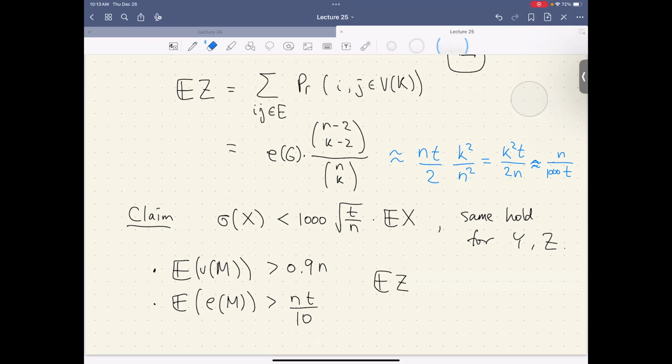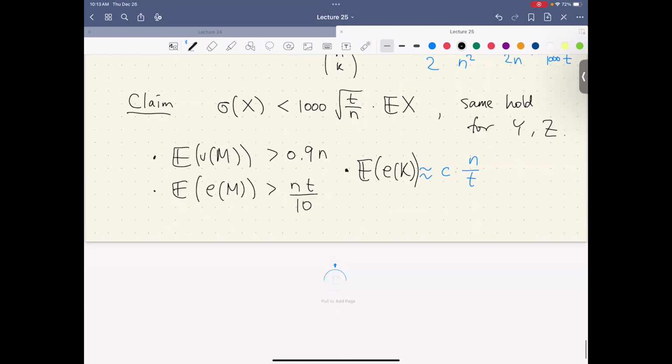Change this 1000 to some correct constants. So roughly this much is some constant times n over t. What is Z? Z is the number of edges in K. Okay, you have these three.